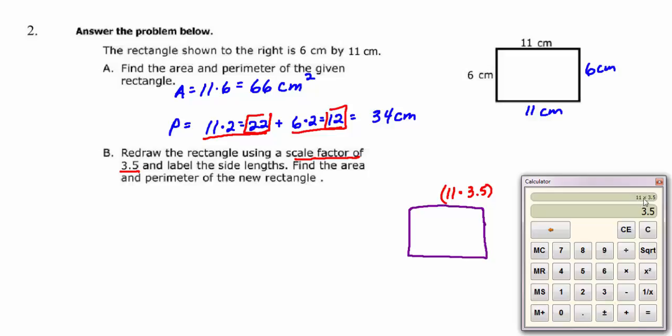You can see what you did. 11 times 3 1/2, yes, equals 38.5 centimeters. I'm going to have 6 times 3 1/2. Original times scale factor. 6, the original, times that scale factor, 3 1/2. 6 times 3 1/2 is 21.